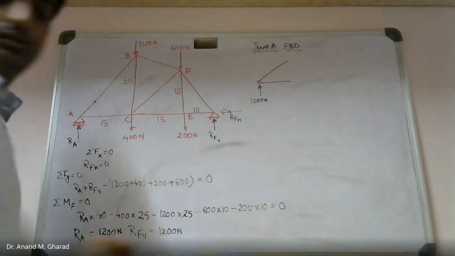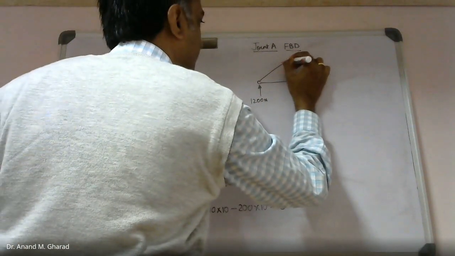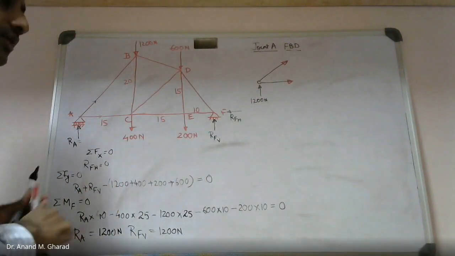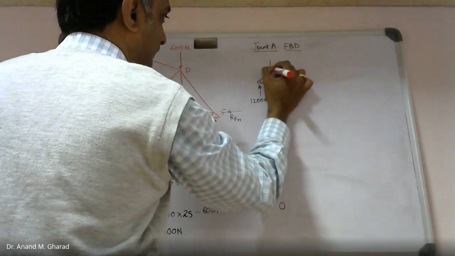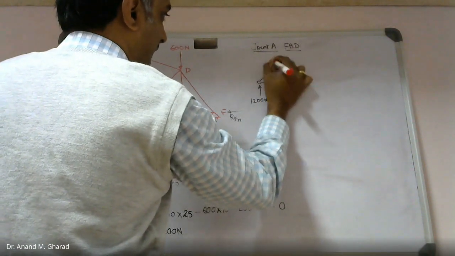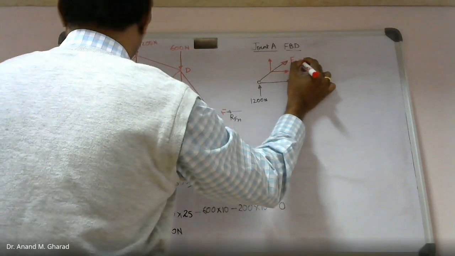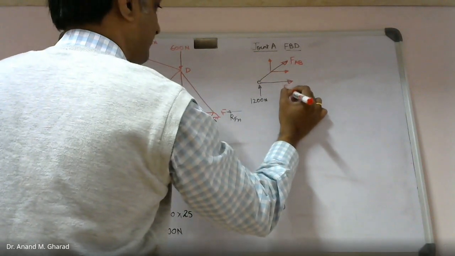Initially, you assume tension force to be generated. So this is your initial assumption. Later on, you can identify the exact direction or exact force. So let me consider this to be force in member AB, force in member AC.